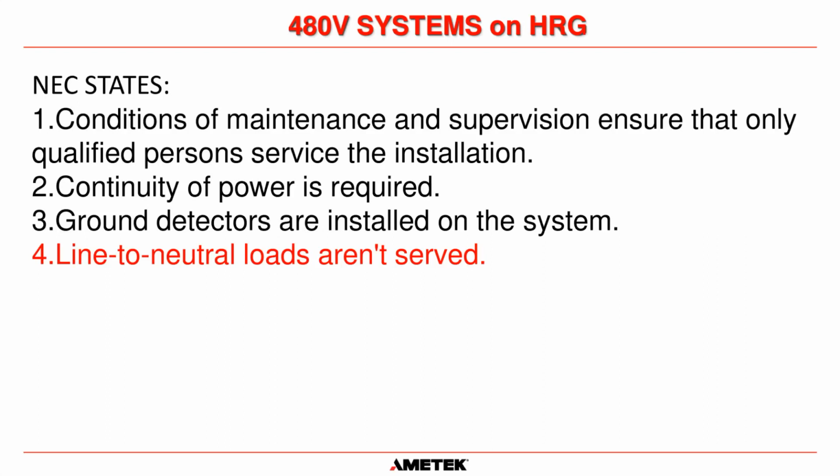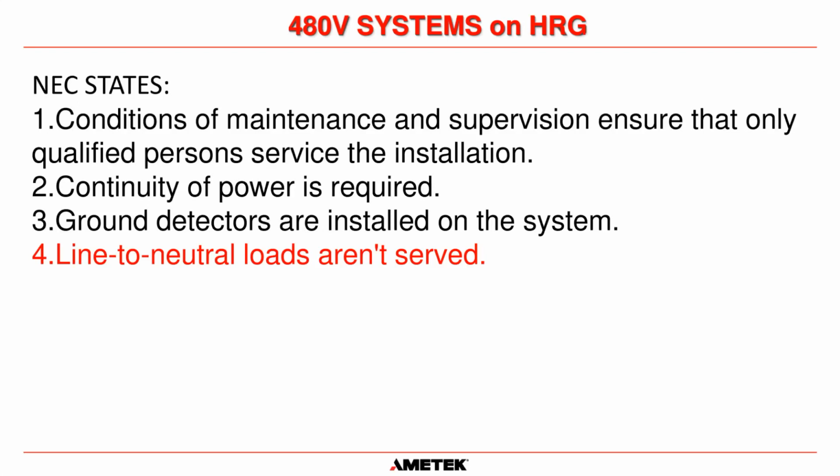So the 4 stipulations are: the conditions of maintenance and supervision ensure that only qualified people service the installation. So any electricians or instrumentation people who work at the plant must know about high resistance ground systems and know that they are working on a high resistance ground system. The second point is that continuity of power is required.